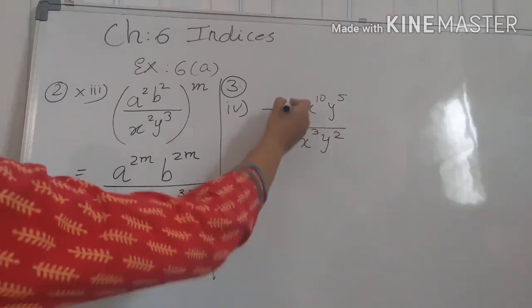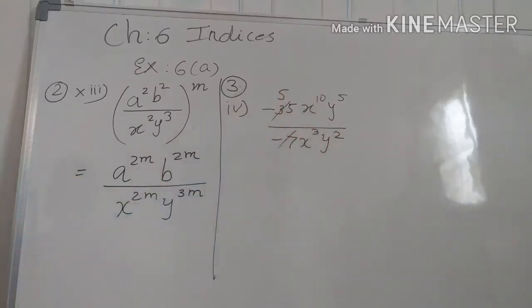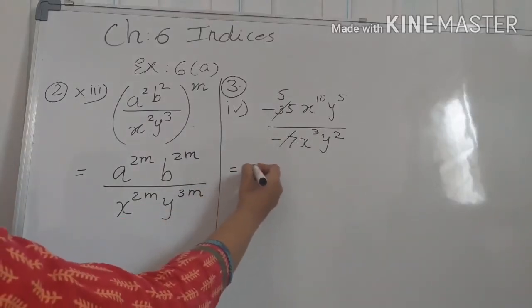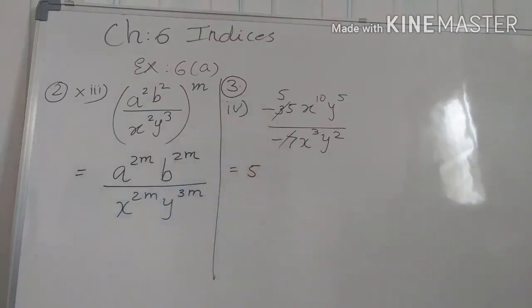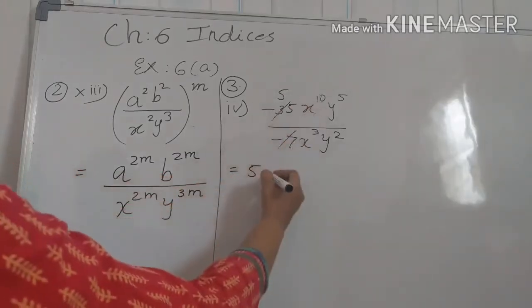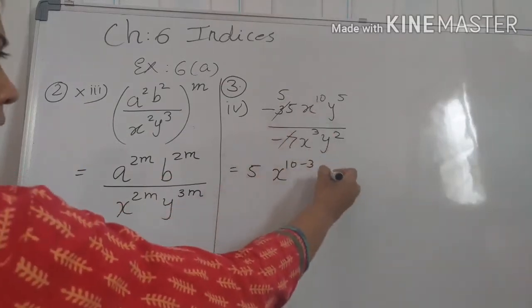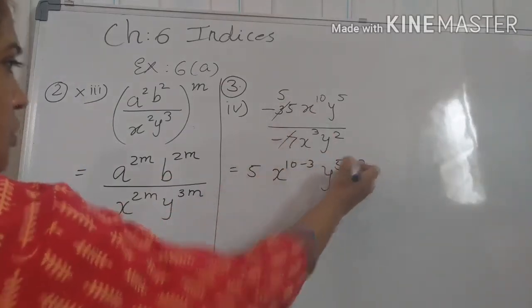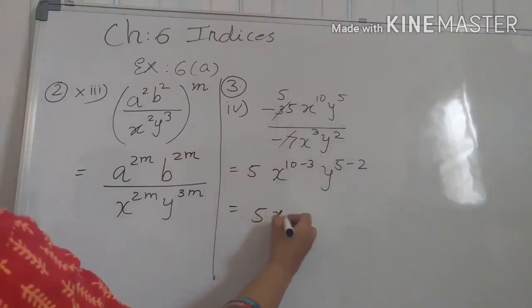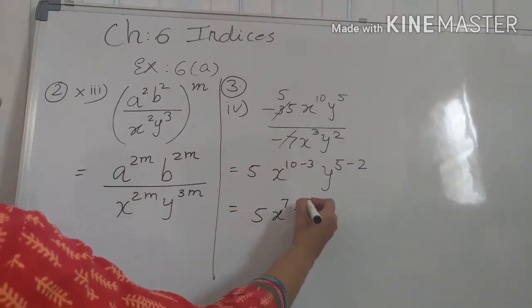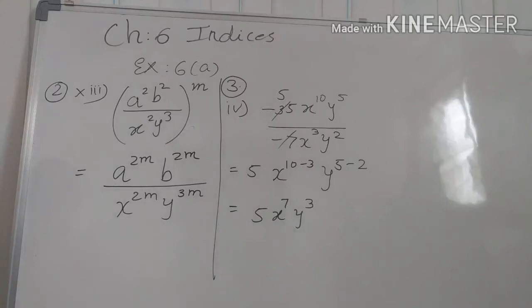So first of all, we can take this numerical coefficient division. 7 5s are 35 and minus minus also become plus. Next is we take like terms like x, so 10 minus 3 because division law, and y, 5 minus 2. So I get 5 x raised to 7 and y cube. So this is what we get in the question number 4 answer.